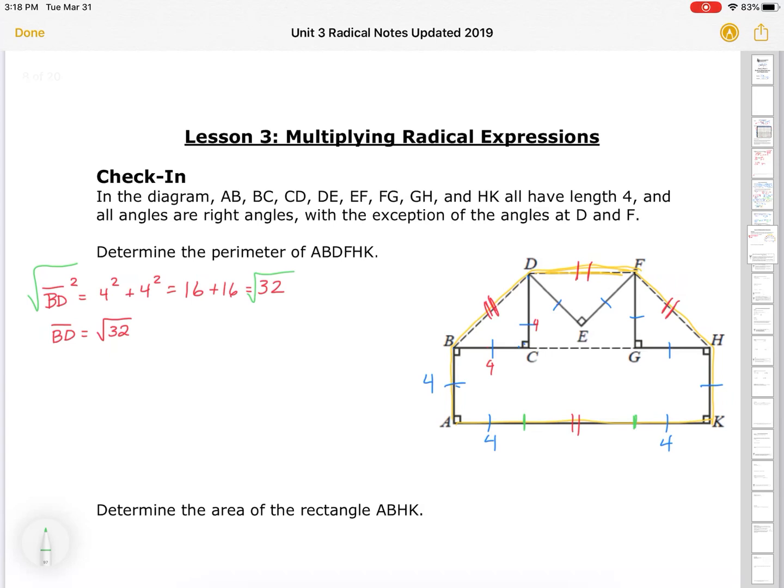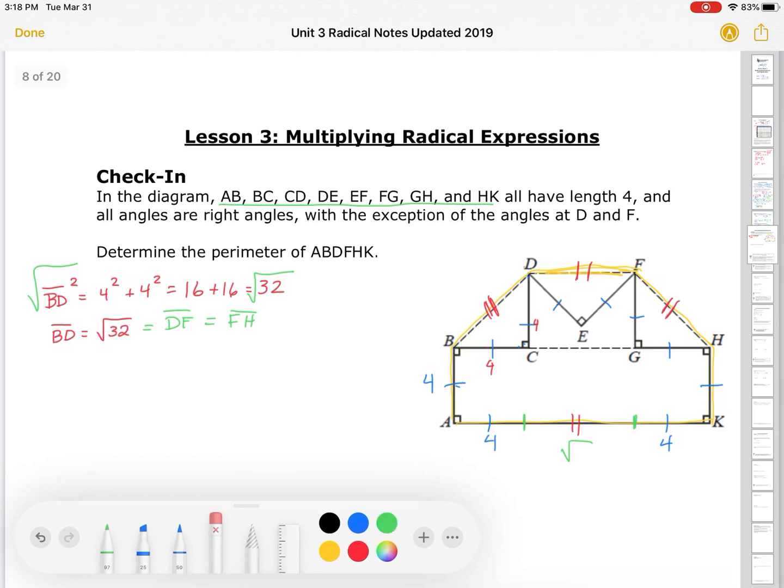All I did for that was take the square root of BD squared and the square root of 32. Because of our information up here, all of these are 4, and BD is also equal to DF, and it's also equal to FH. And it also means that this part right in here is also root 32.